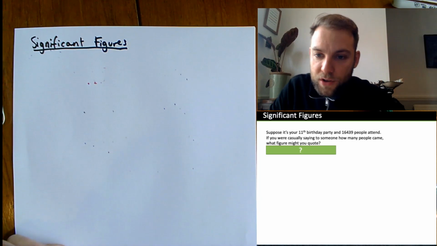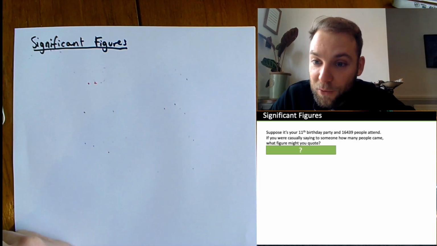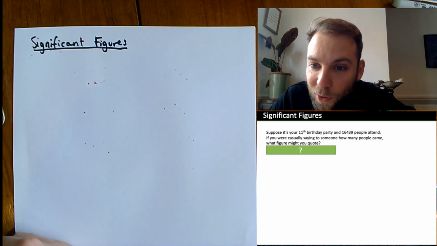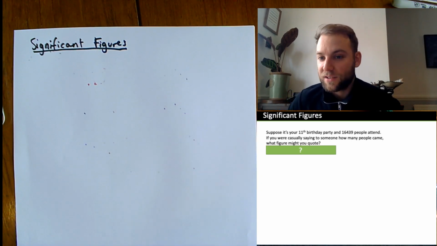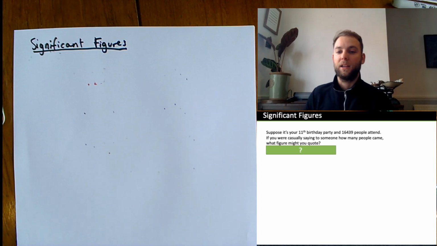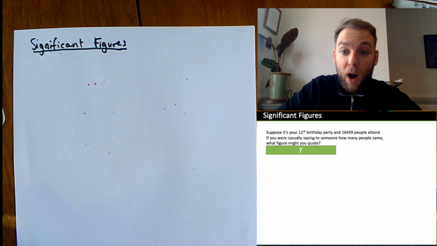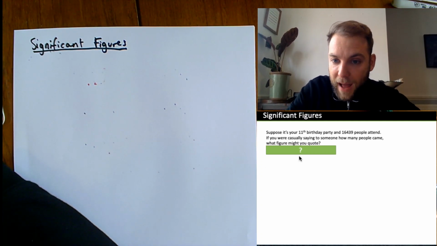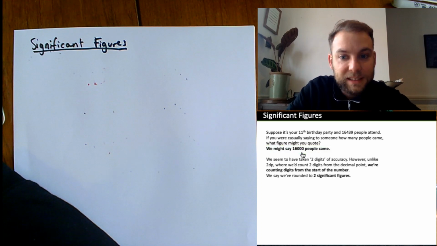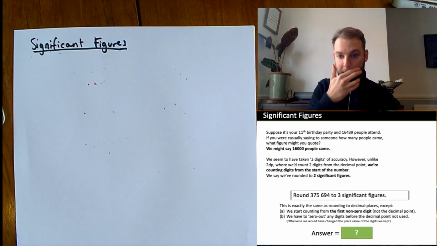So suppose it's your 11th birthday and 16,439 people attend. If you were casually saying to someone how many people came, what figure might you quote? So you notice that it took me a bit of a while to say that one. You'd probably say something along the lines of, it was about 16,000 people. That's probably what you'd say, okay?